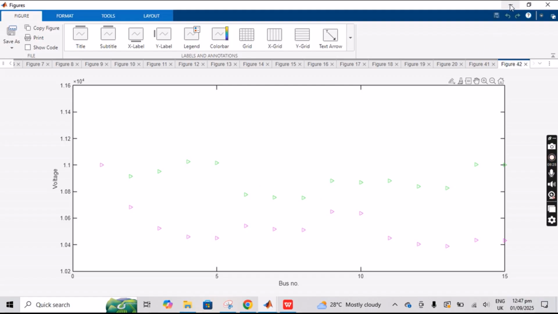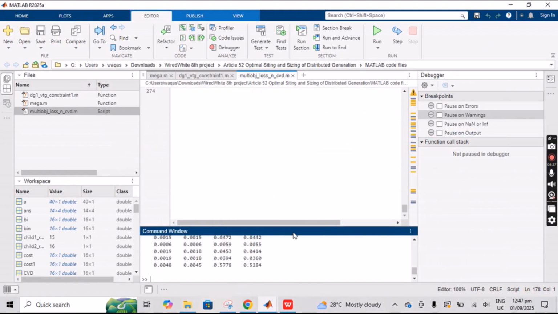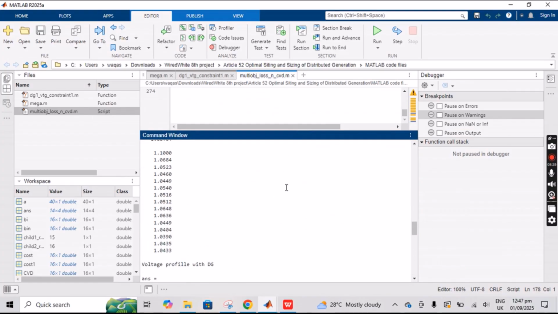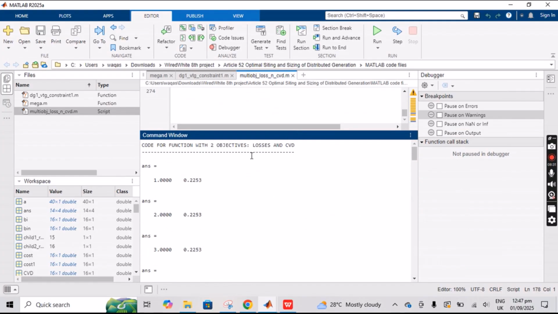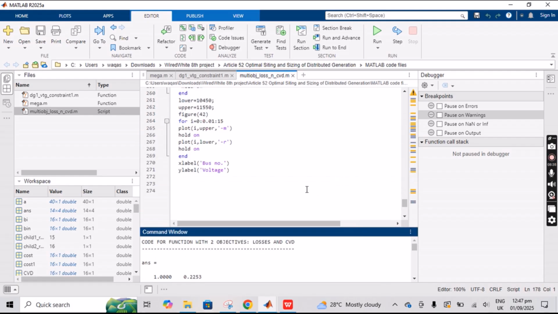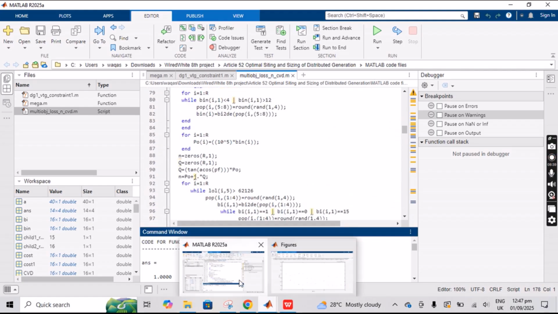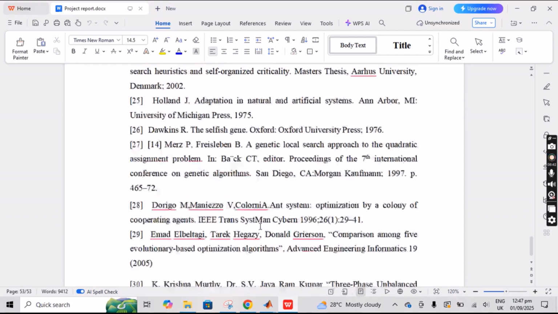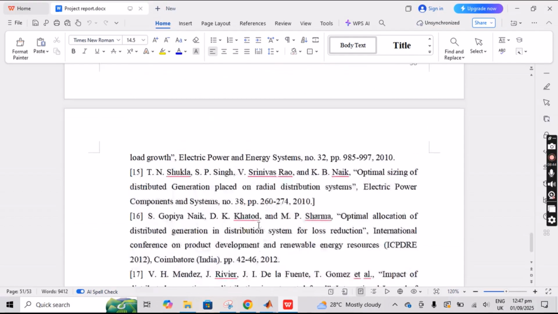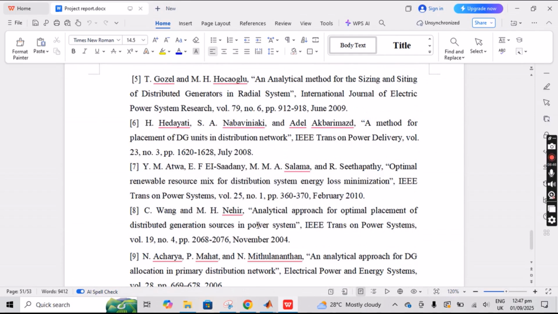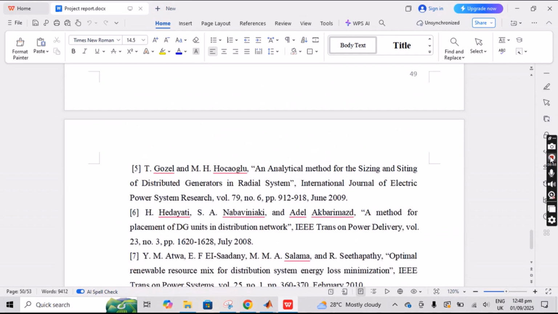These are the power systems. You will get the output like this. These are the outputs given in the core function with objective loss and CVD, basically saving of power. So this is the complete structure of this complete project. If you need to ask any question, you can ask me as well. Okay, thank you.